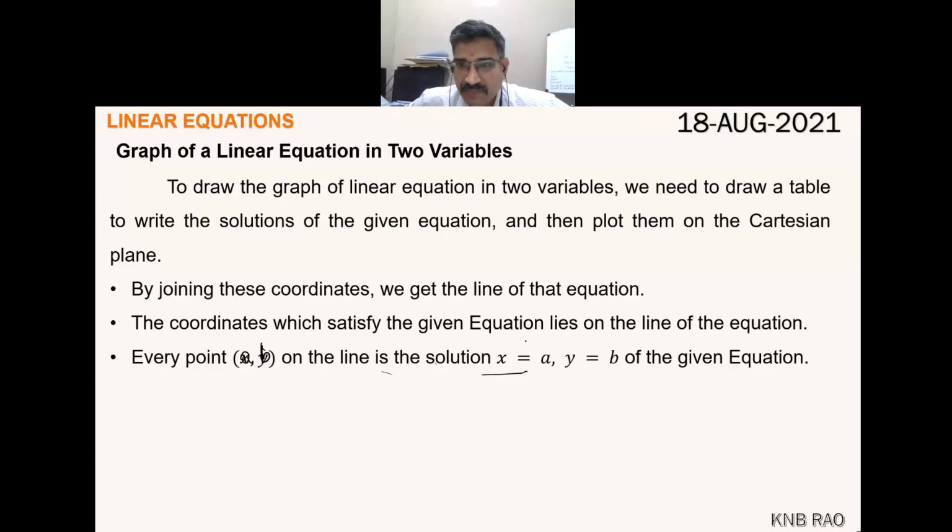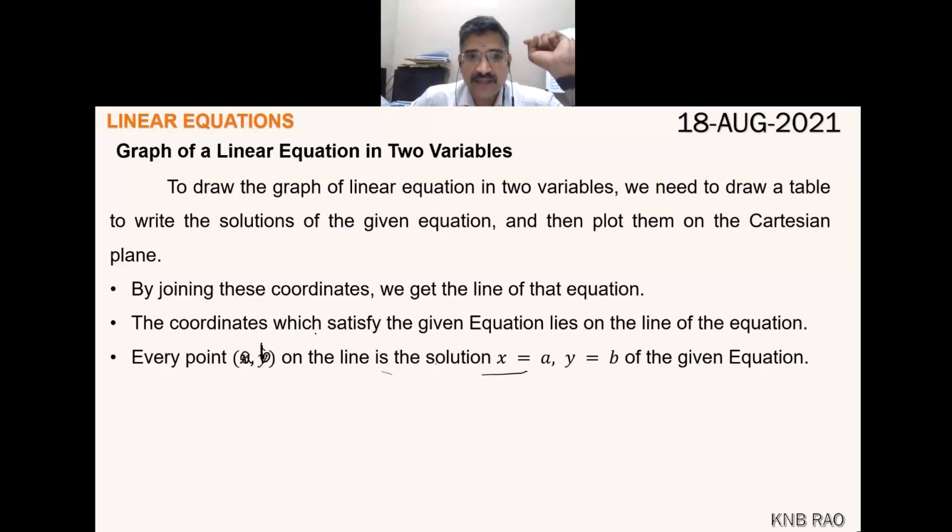You found the x value and y value, and when these two values are substituted, they make the given equation LHS equal to RHS. That pair of numbers, one for x and one for y, we call an ordered pair. They lie on the line because it is a solution.